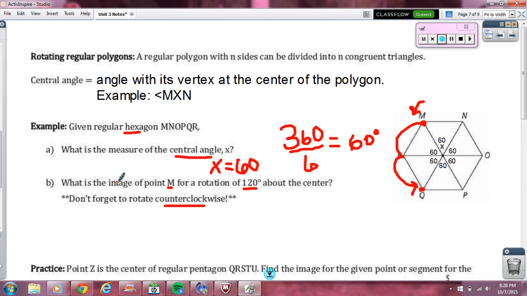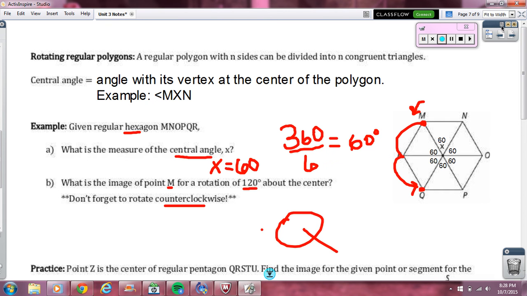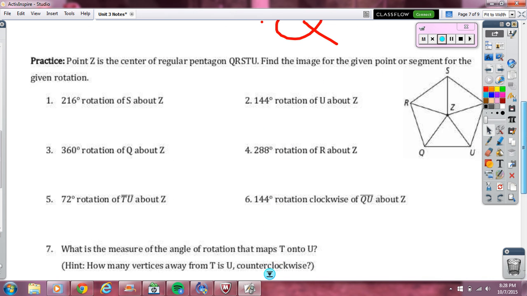So the image is at point Q, and I'm done.